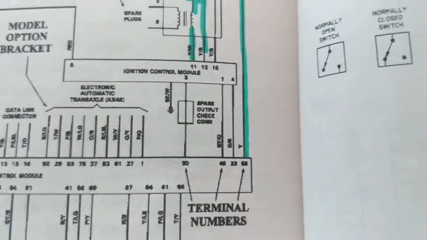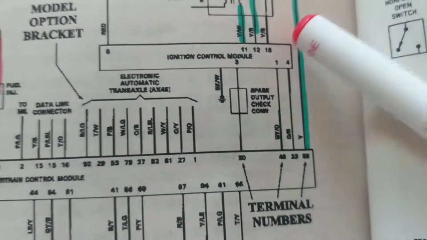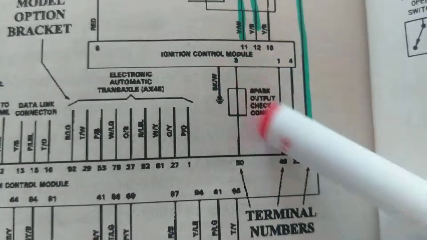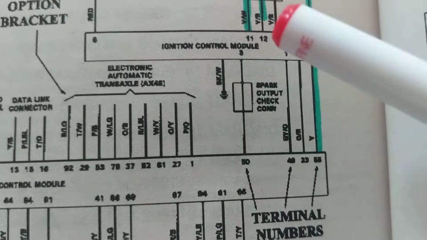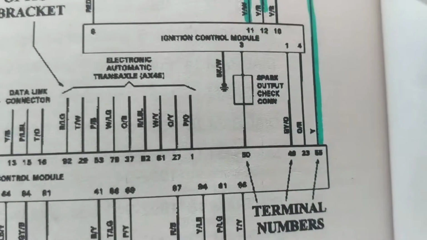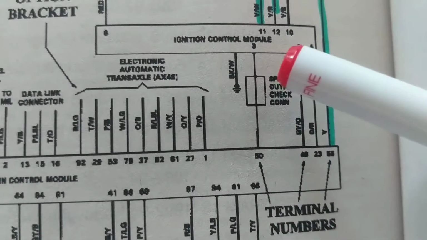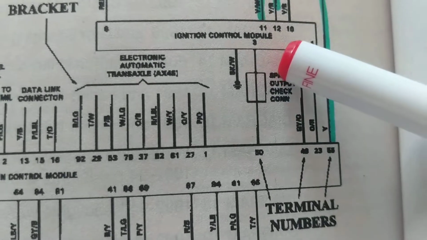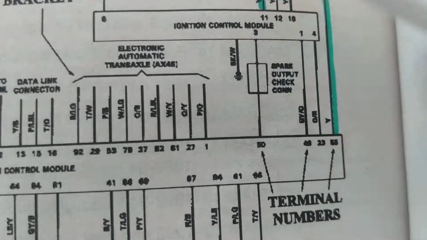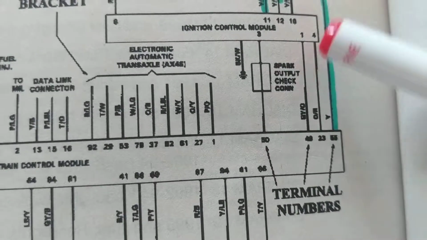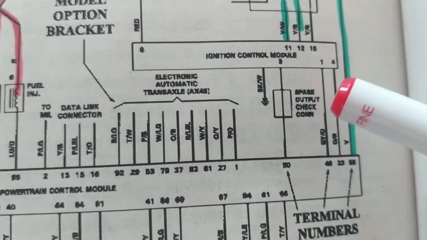That's an input. Ignition control module, as I made a video on it, will be controlled by the PCM. When to create spark, either later or before intake valve is opened, depending upon a lot of conditions. When to open, when to create spark.